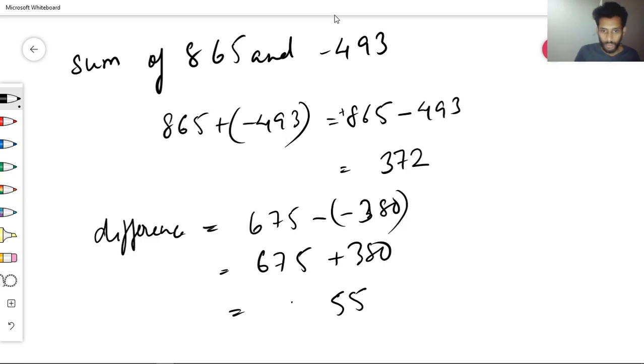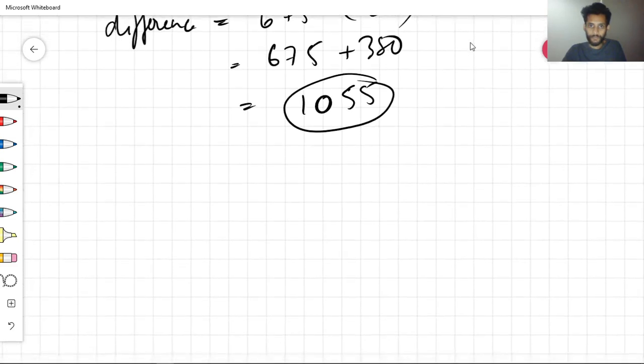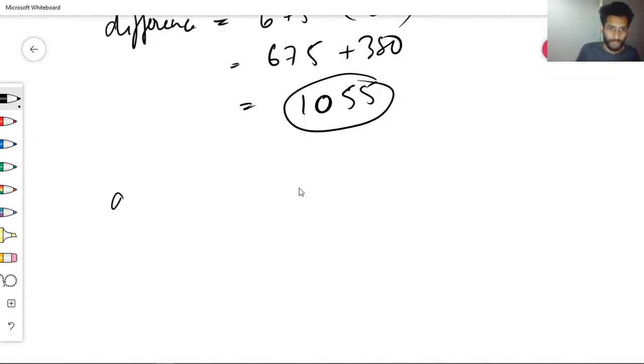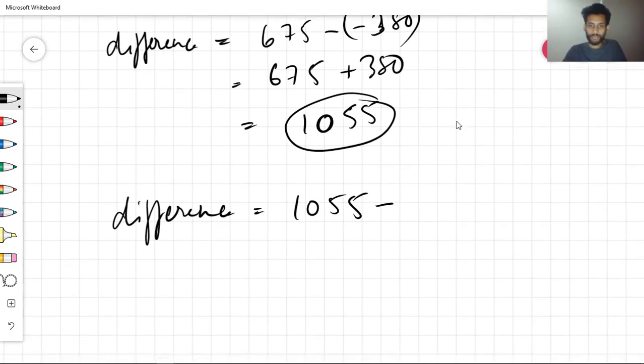So it is 1055. Now we have to subtract this number from this number. So the difference is 1055 minus the other number, 372.